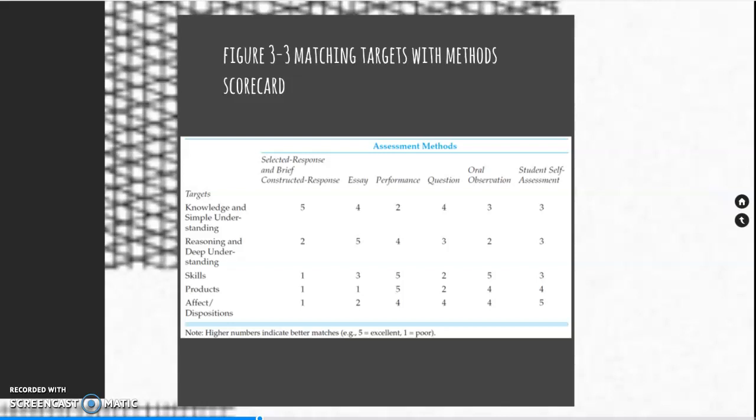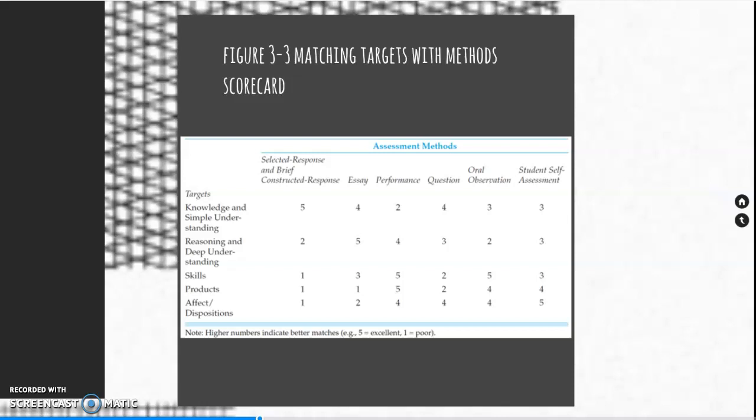Selected response and brief constructed response questions can be a good method for assessing certain aspects of deep understanding and reasoning. Performance assessments are clearly the preferred method to determine systematically whether a student has mastered a skill. The best way to assess a student product is to have students complete one through a performance assessment.